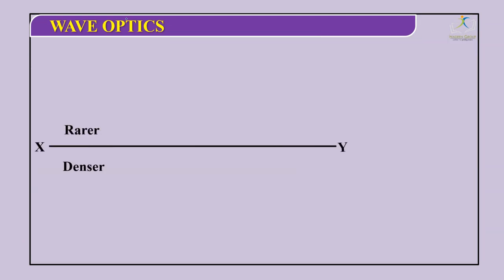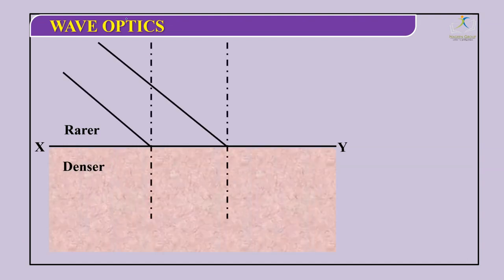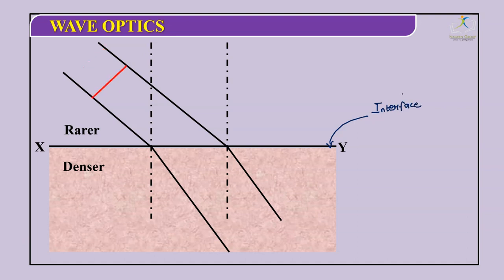This is a rarer medium, this is a denser medium. So, this is a wavefront which is incident or strikes on the surface or the interface. We are calling this medium boundary an interface. Here the wavefront is actually moving.